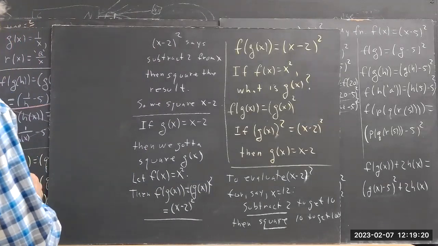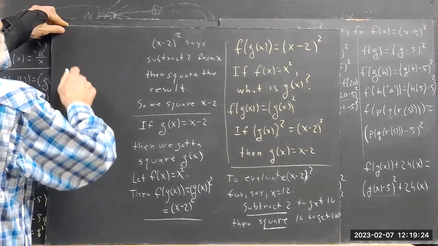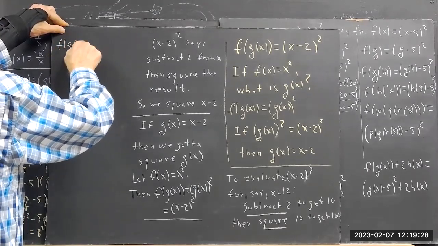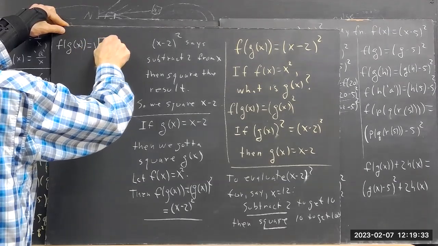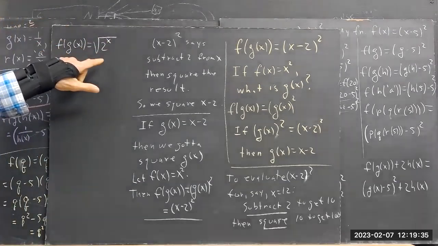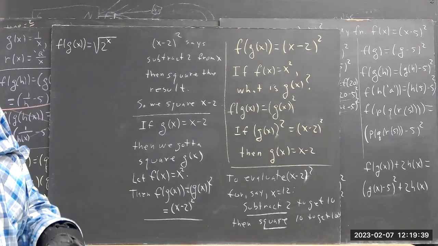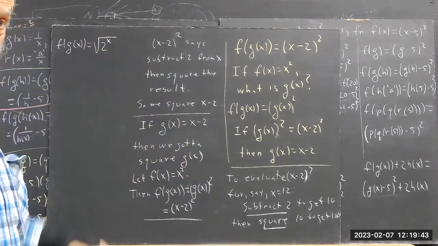Let's say we have another function. Let's say f of g of x is the square root of 2 to the x. What's the first thing that happens to x?